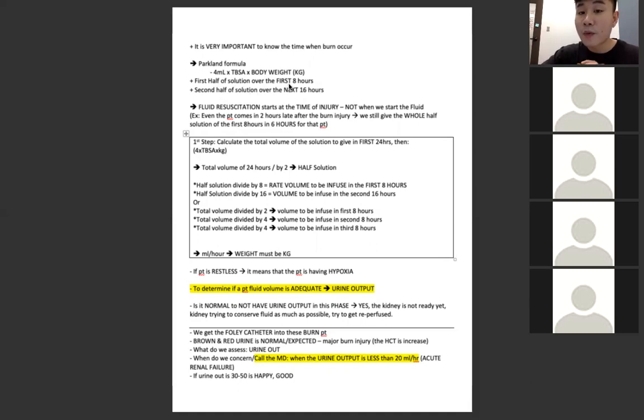That is the time when we start counting for the first 8 hours. Even though the patient gets to the hospital 2 hours later, we still give the total amount that we would give during the first 8 hours, even though the patient is 2 hours late. Does that make sense to you guys?